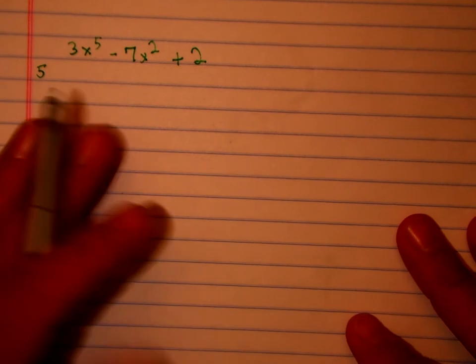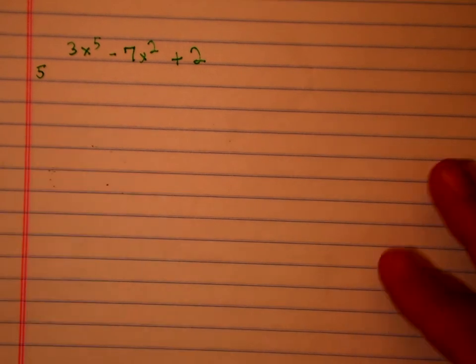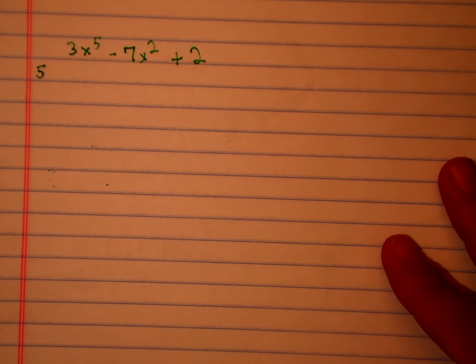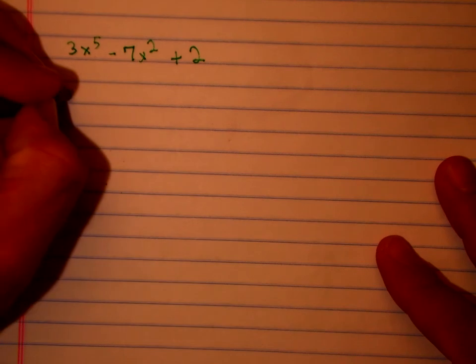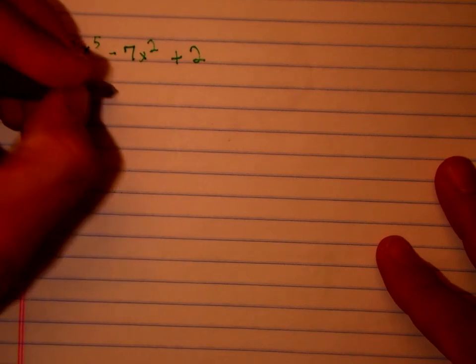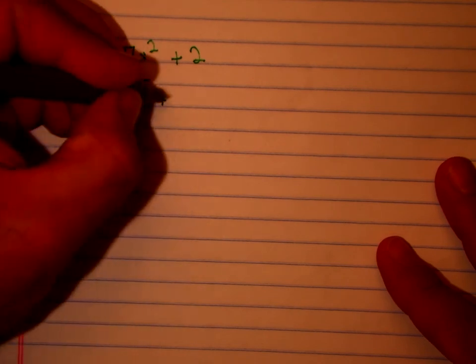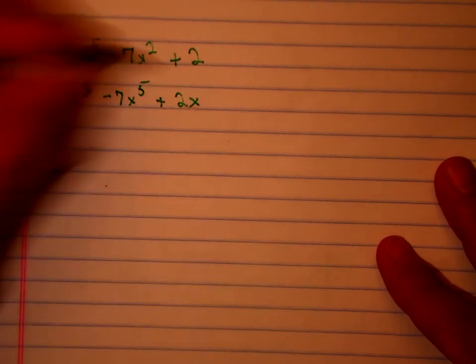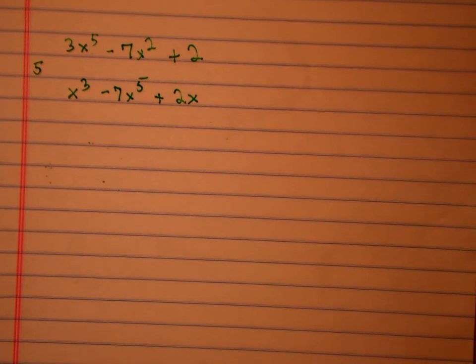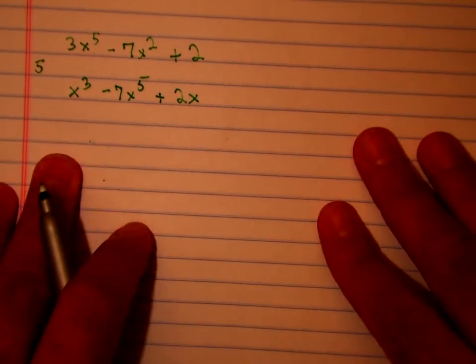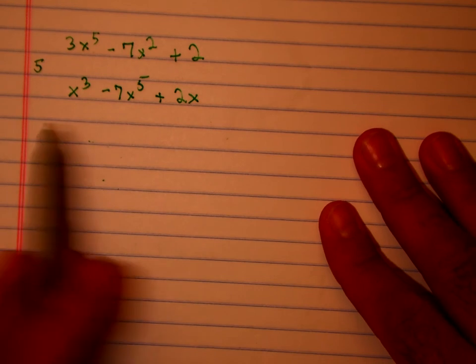Okay, so for example, we have a very simple problem here where you have x to the 3rd minus 7x to the 5th plus 2x. And when you look at this, you should see, well, none of these are the same terms.